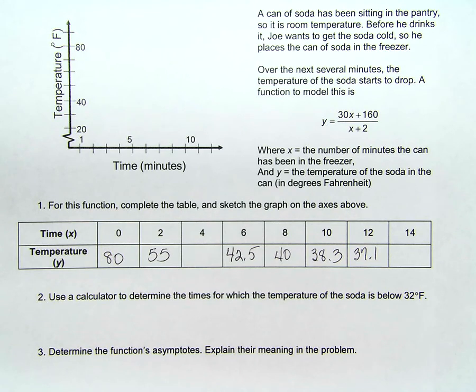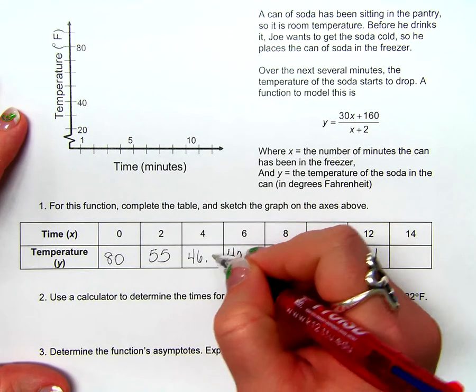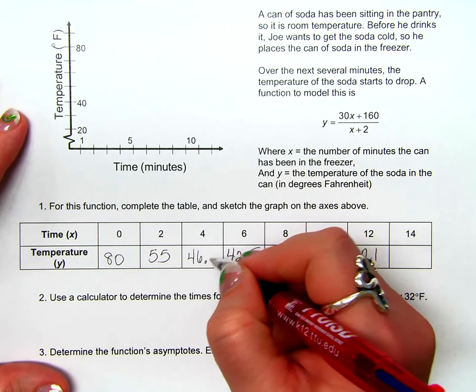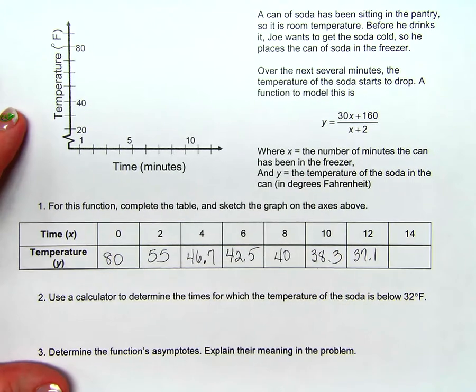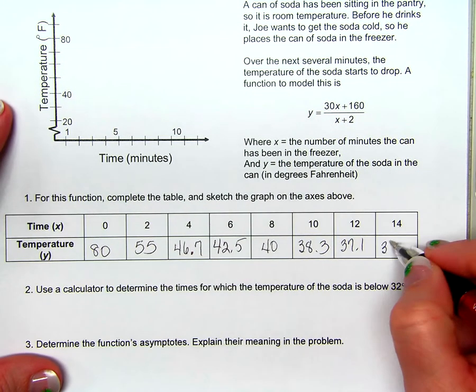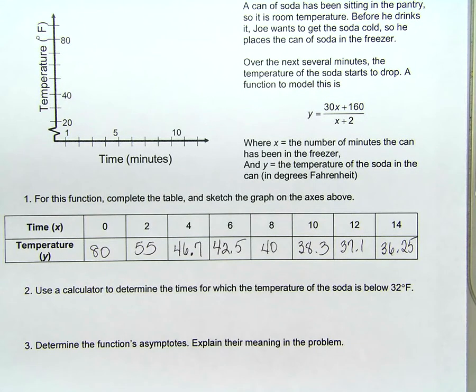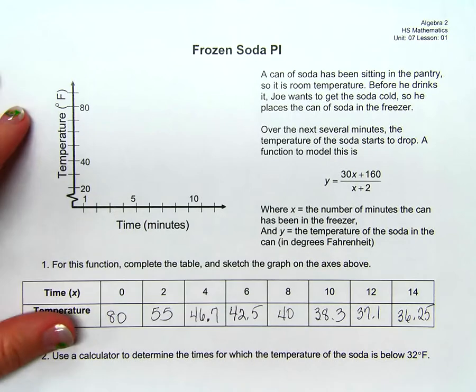You know that. 4 is 46.6, or 46.7. Thank you. 36.25. Did you plot the points on the axis yet? Do that, please.